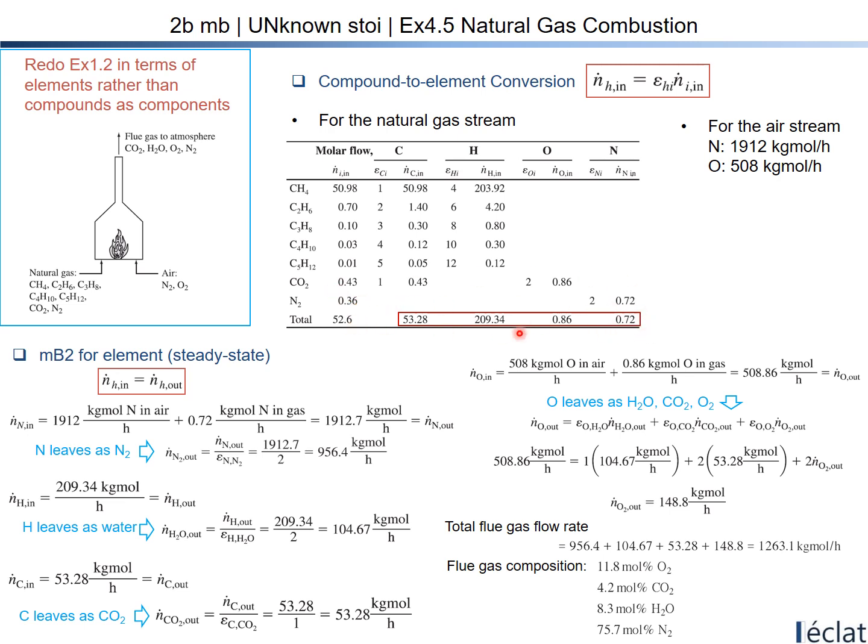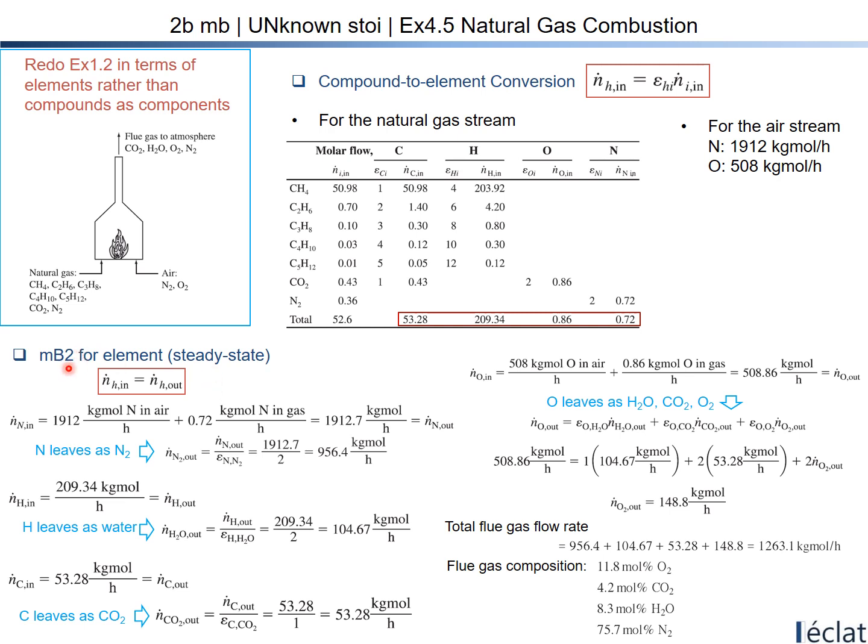Right now we have the flow rate in the input stream for each atom. Also, for the air stream, we could easily calculate the nitrogen and oxygen atom flow rates here. Then let's go to the mole balance equation for an element.